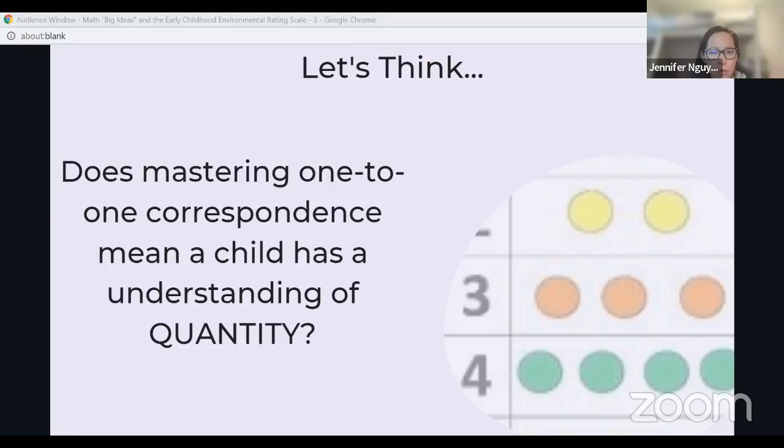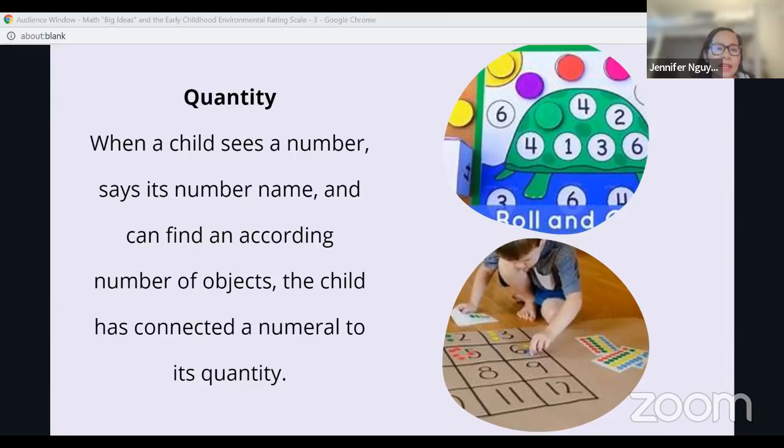If they're counting 1, 2, 3, do they know that they have a total of 3 items on their tray or 3 items on their worksheet? So when we say quantity, when a child sees a number, says its number name, and can find an according number of objects, the child has connected a numeral to its quantity.